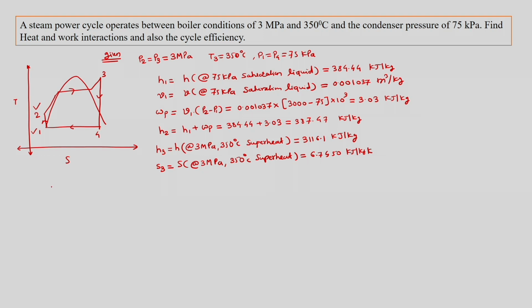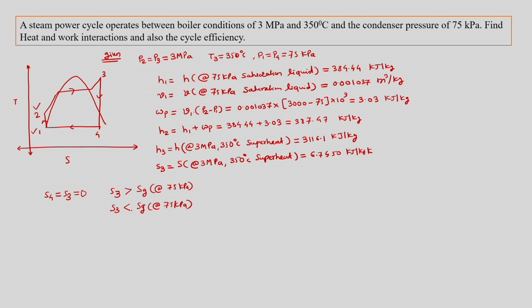Now again we have S4 is equal to S3, and we will see whether S3 is greater than Sg at 75 kilopascal, or S3 is less than Sg at 75 kilopascal, and accordingly we will see which part of the steam table should be used.